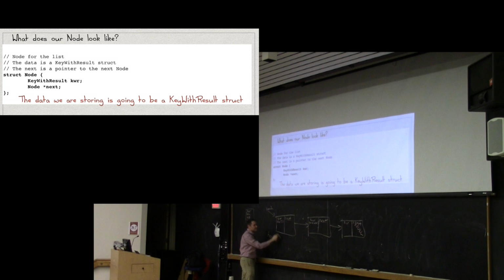And it points to this node here. OK? It's a node pointer. And it points to this node right here. If it points to that node, how would we refer to the KWR object in the iterator's node? How would we do that?